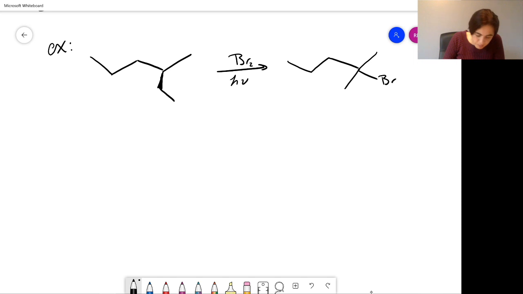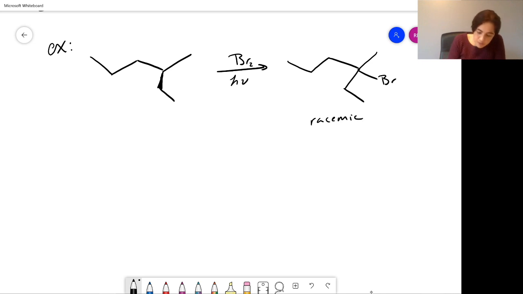So we're doing this with bromine, so it's going to be selective for the most substituted system, right? So in this case, it's going to preferentially add to the tertiary carbon, which in this case has a stereocenter. We'll notice that we've now formed a quaternary stereocenter here, but this will be racemic.